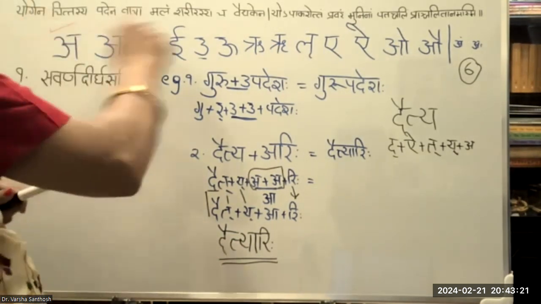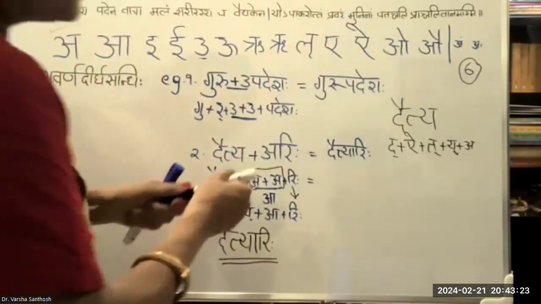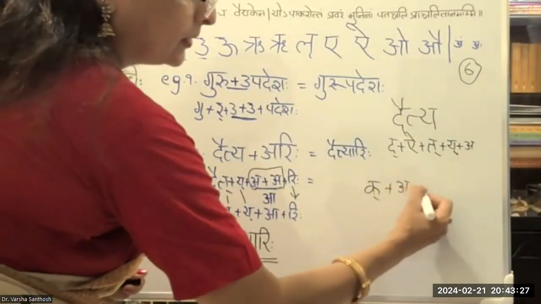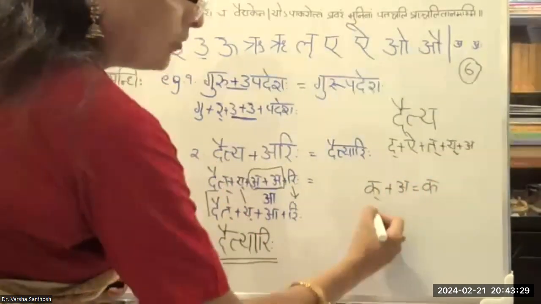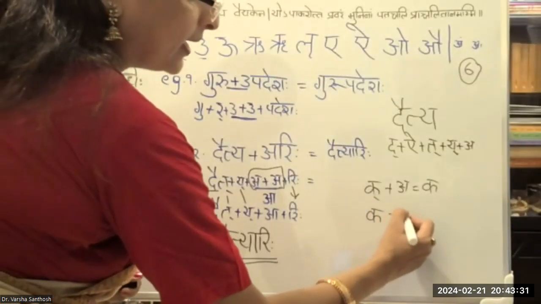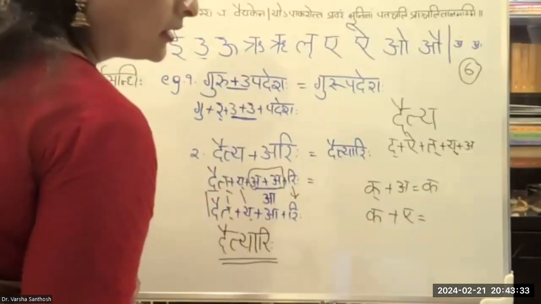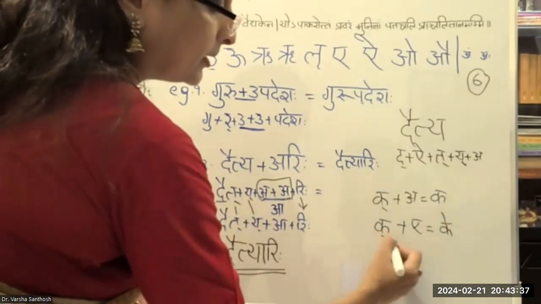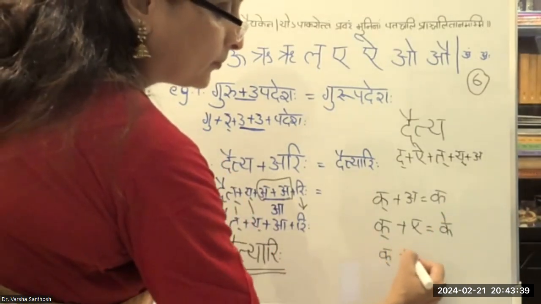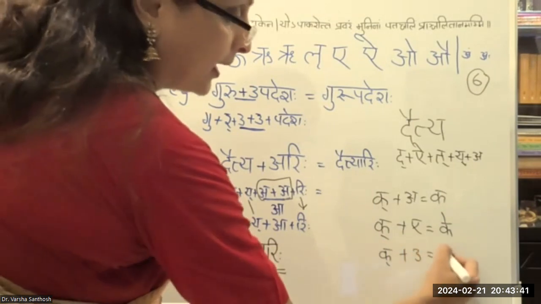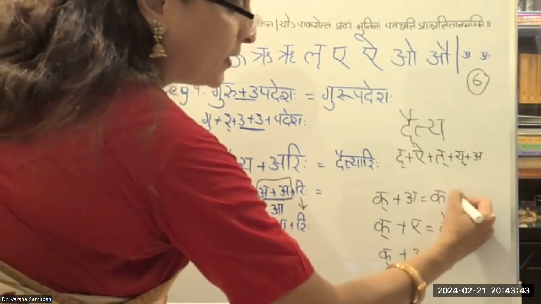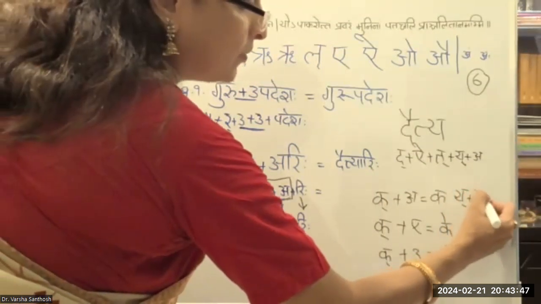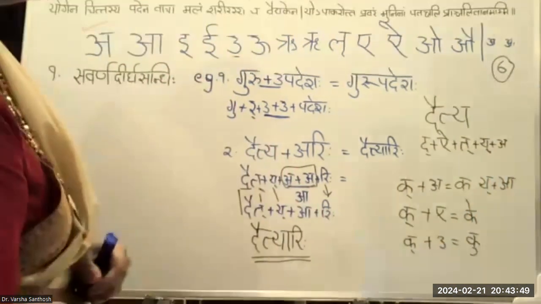So when we saw first ka, kha, ga, gha, when we said k plus a is equal to ka, correct? What is k plus a? K. So this part is clear. K plus u is what? Ku. Correct. Now you tell me, if we replace k with ya and say ya plus a is what? Yeah.